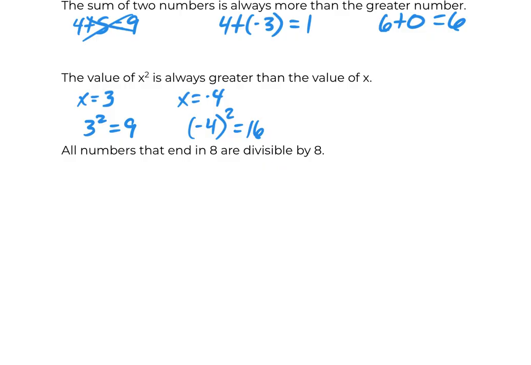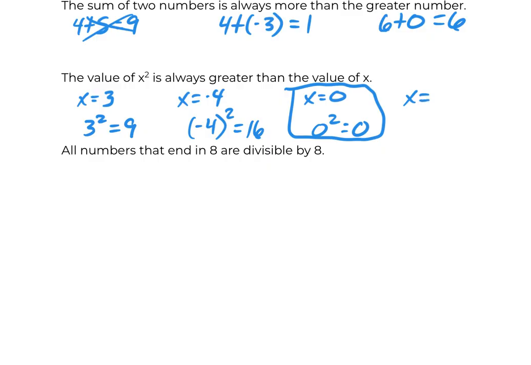Okay. What else could I try? 0, okay. Sorry, 0 is my x. X equals 0. What happens if I do 0 squared? 0. Is 0 bigger than 0? No. So there's a good counterexample. Okay, any other ideas what I could use here? There's another possibility. Quite a few other possibilities. Okay, 1. Yep.